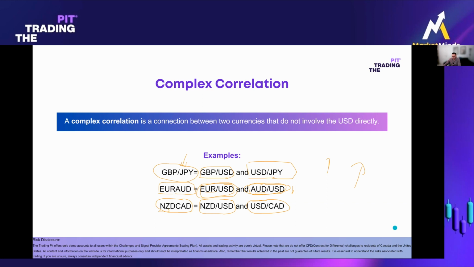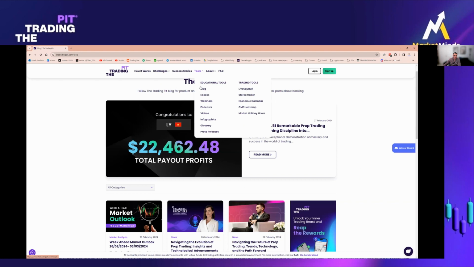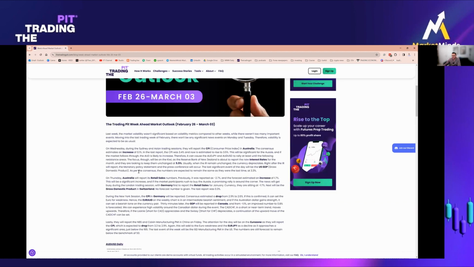about the interest rates, guys, if you don't know it yet, here at the trading pit, every week, if you visit the blog section here where it says tools blog, if you go down to the week ahead market outlook, every single week, myself, on behalf of the Market Minds Mastery Academy, okay, I write the text about what we do.